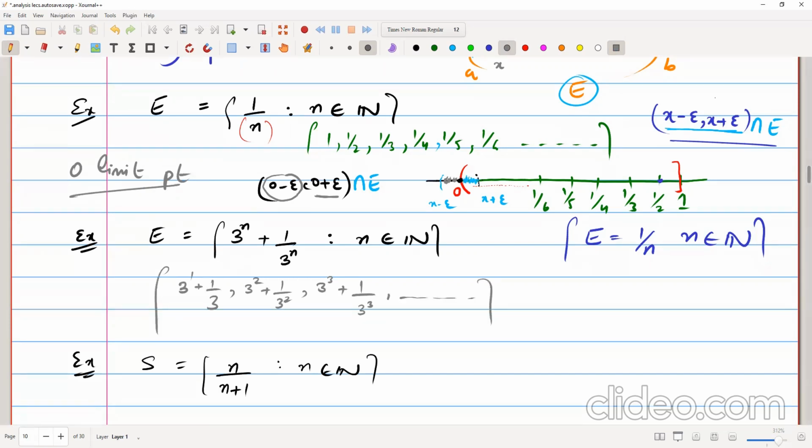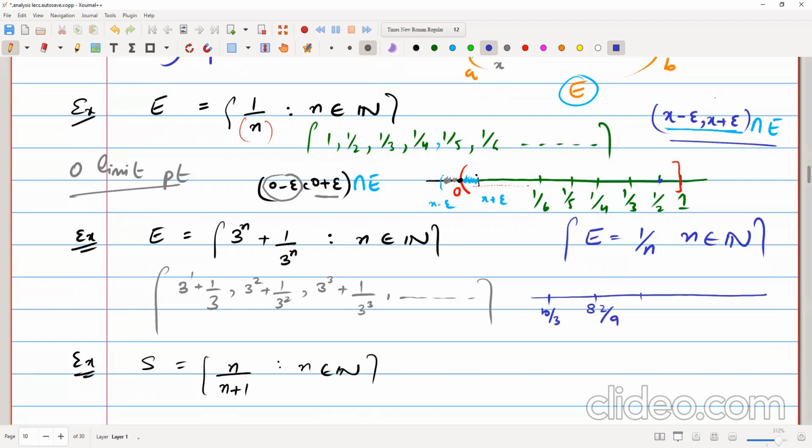Now if we talk about this example, we can draw it on the number line. It's good to draw it on the number line. So the least element will be 3 plus 1 over 3, which means 10 over 3, for instance, somewhere here. Then we have 9 plus 1 over 9, so it's 82 over 9.